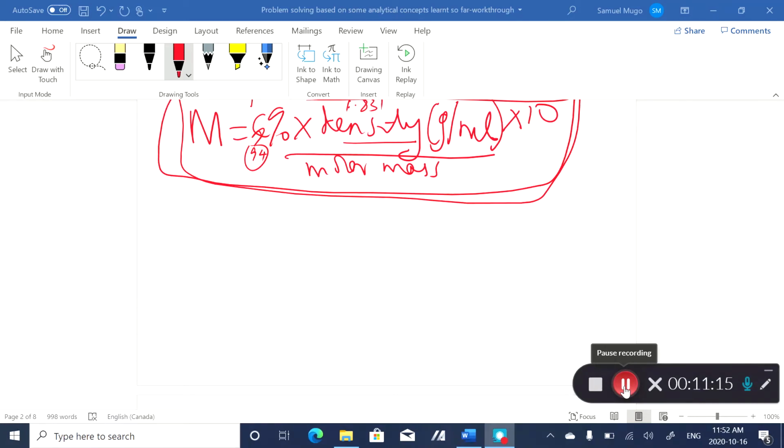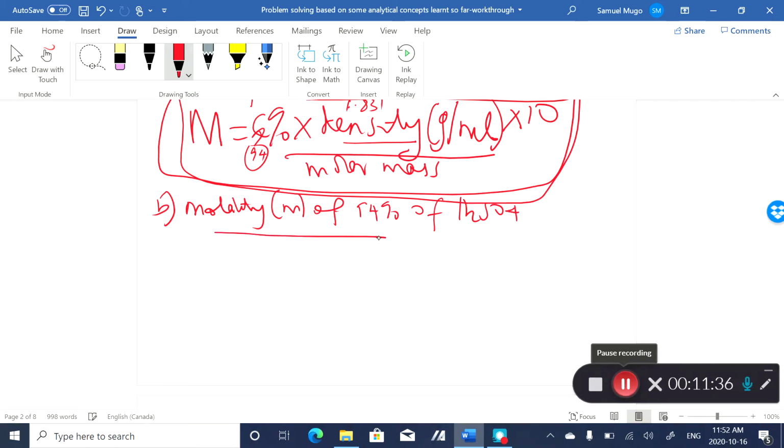So the next problem is, rather than molar concentration, part B, you've been asked to calculate molality, with a small m. And remember, that's the molality of 94% sulfuric acid.